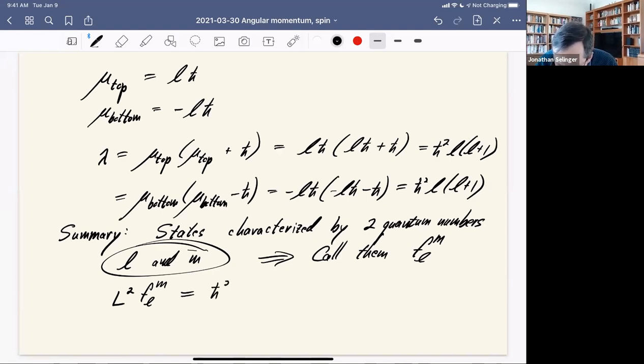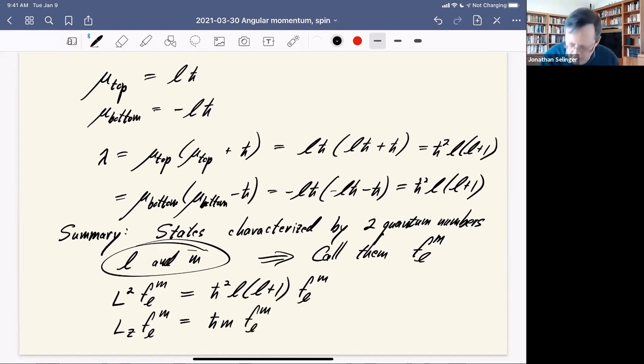So that's h bar squared L times L plus 1 times that state, f L M. And likewise, LZ acting on the state is h bar M times f L M. So this is what we have found so far.